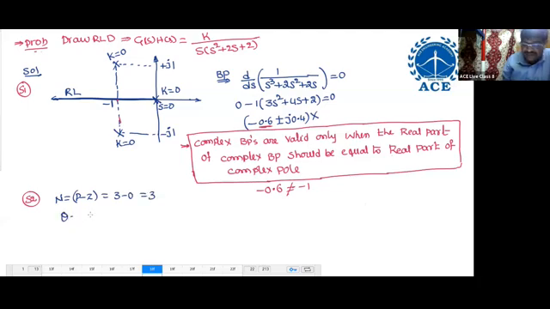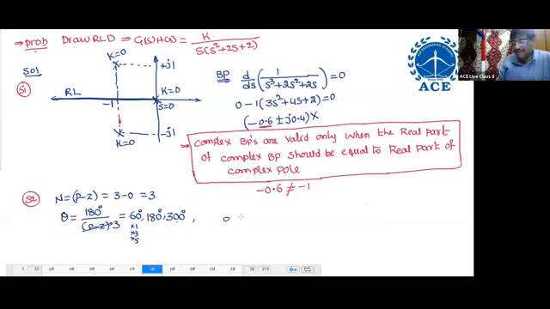Angle of asymptotes theta is 180 by P minus Z. P minus Z is 3, 180 by 3 is 60 degrees. You have to multiply with odd numbers, into 1, into 3, into 5. So 60 into 1 is 60, 60 into 3 is 180, 60 into 5 is 300.